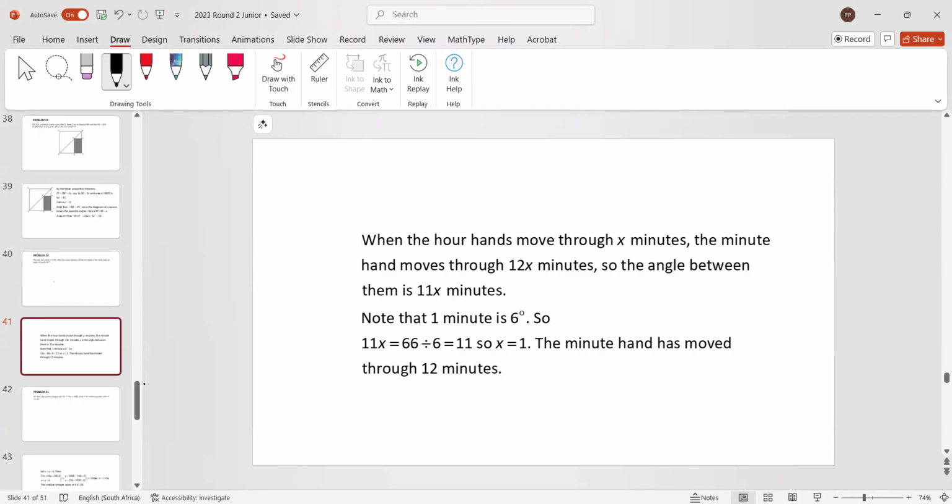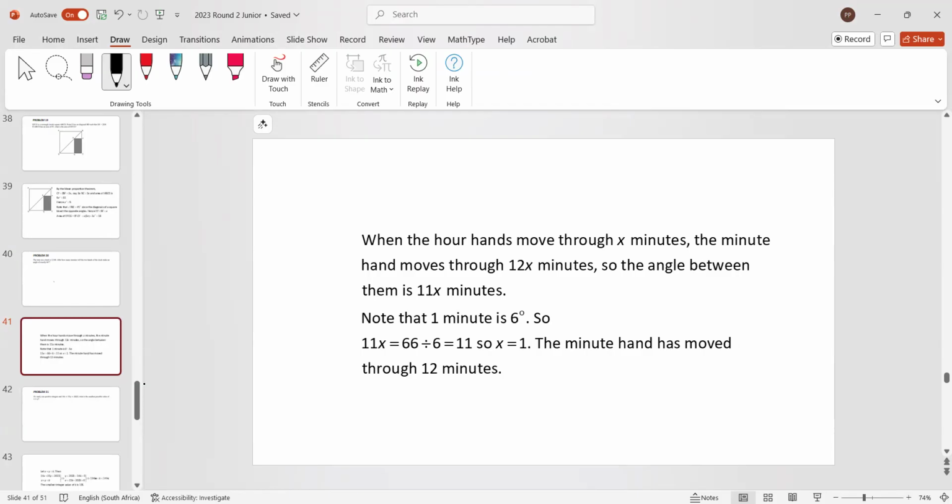It's actually we moved through 12. 1 minute is 6 degrees, 60 degrees. So there's something wrong here. It's moved through 12 minutes. Okay, no, that is quite right.